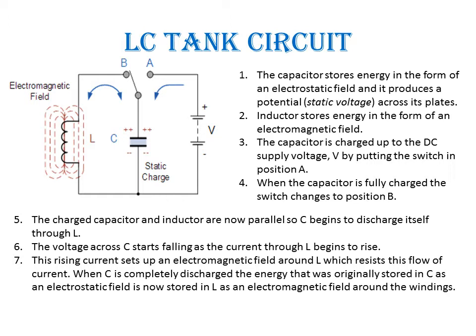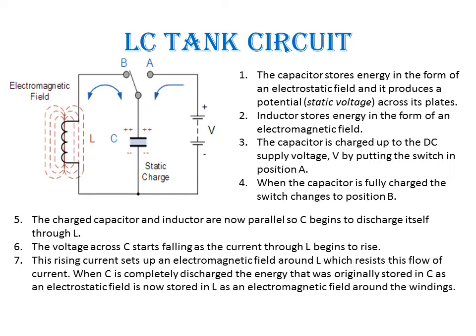So once the capacitor is discharged, it will again acquire charge due to the induction in L, and it will acquire a charge opposite to the charge accumulated in the previous case from V. Now the bottom plate of the capacitor will have positive charge and the top plate will have negative charge.